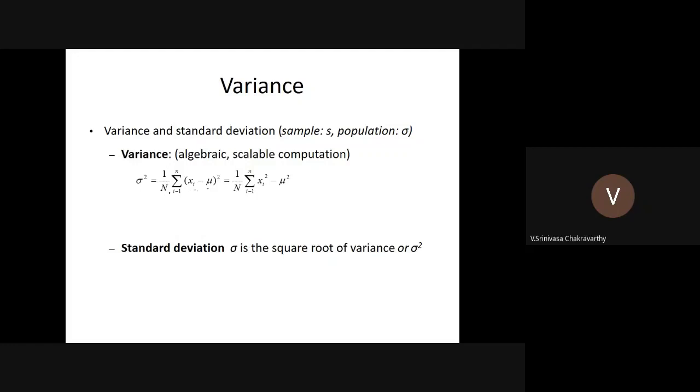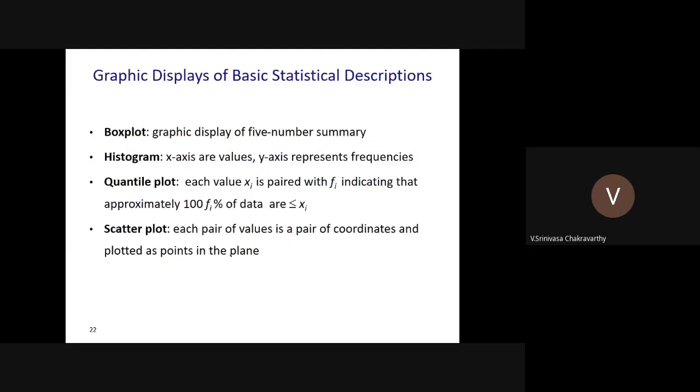Sometimes people also use n minus 1, but when you have a large number of samples, whether you use n or n minus 1 doesn't matter much. You can show that this is equal to this. Now the square root of this is sigma, which is called the standard deviation.